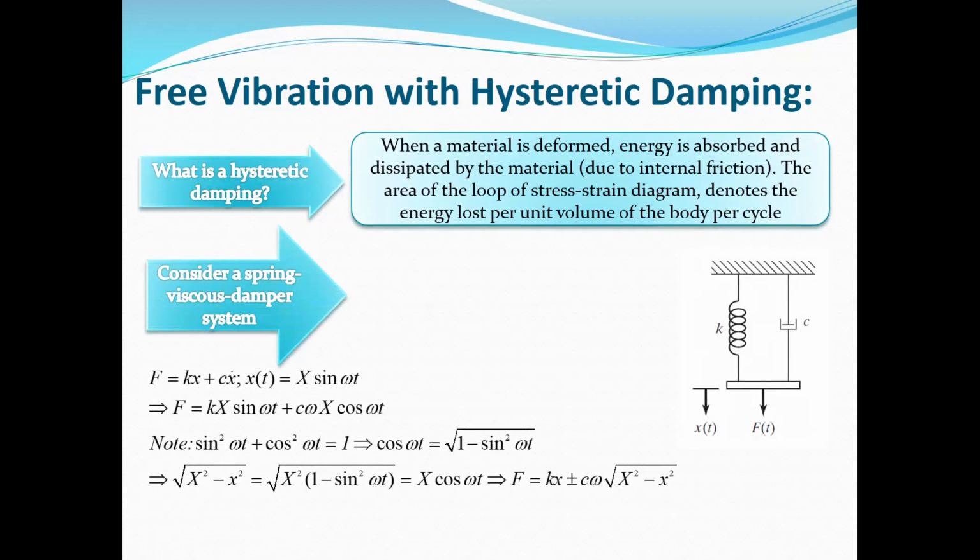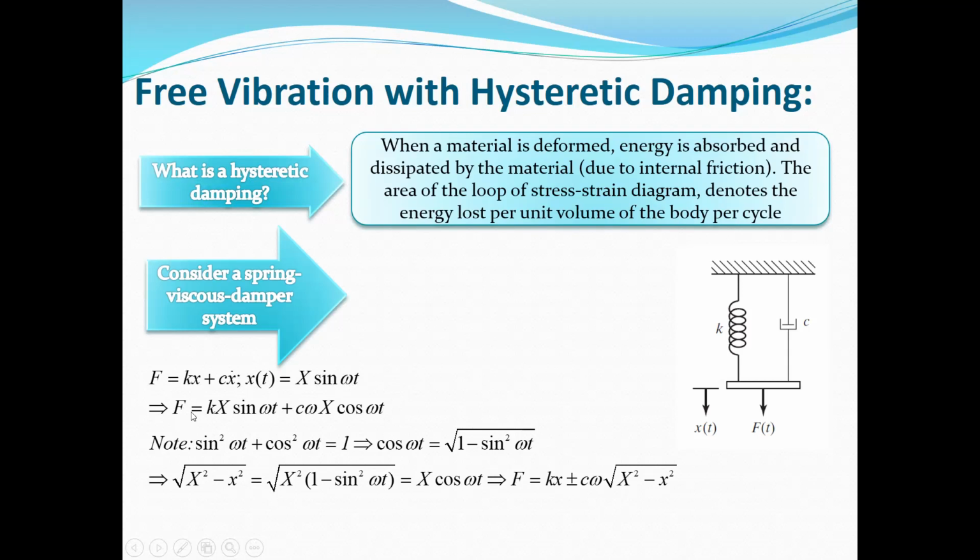Again, we start with a viscous damping to model and find an equivalent model for hysteretic damping. For this purpose, we assume a system with viscous damping, where the force equation is kx plus c x dot, and consider that x(t) is a harmonic sine function with uppercase X amplitude and omega frequency, so x(t) is equal to X sine omega t.